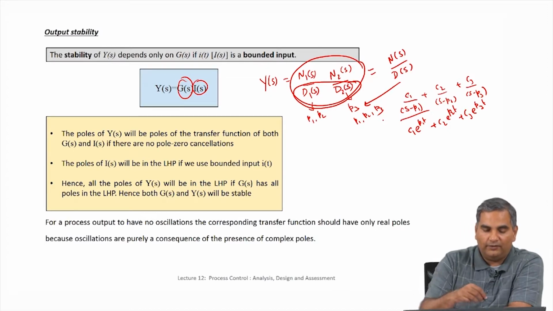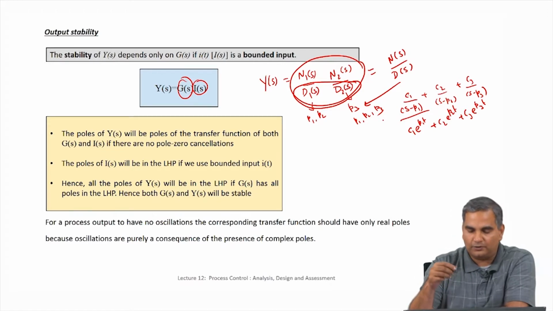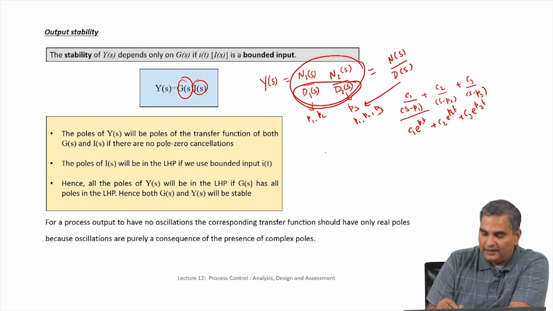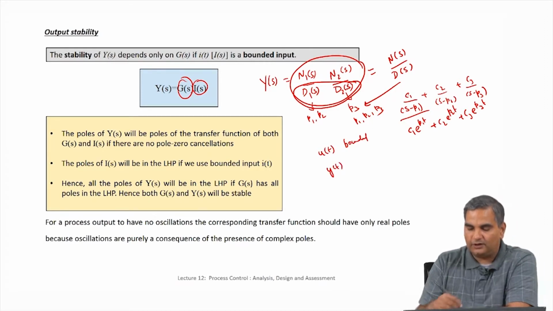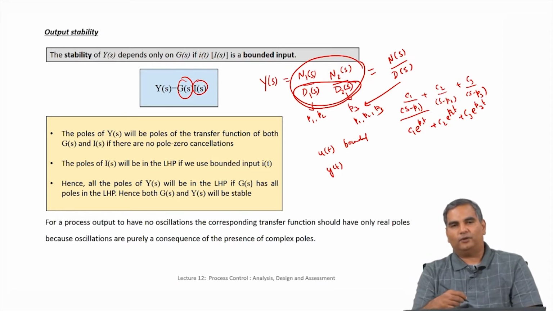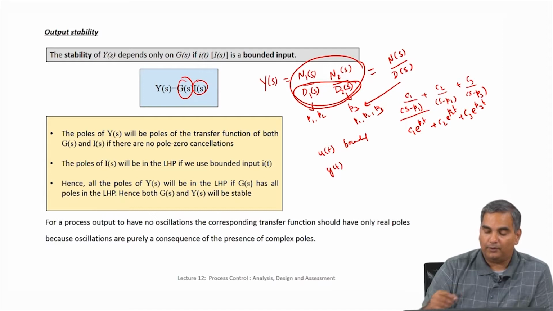Okay. So, when we come to Y of s, we use this notion of bounded input, bounded output stability. So, what we are saying is if u(t) is bounded, when is y(t) bounded, right. So, given that u(t) is bounded, when is y(t) bounded. So, can I say for every bounded input y(t) will be bounded?